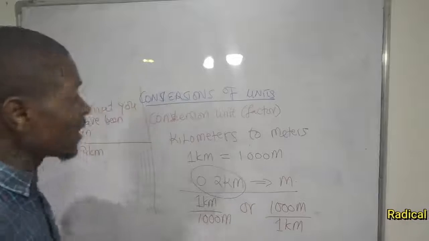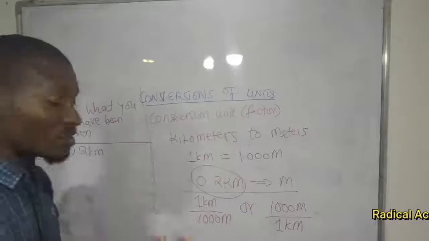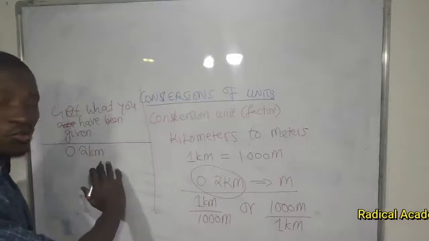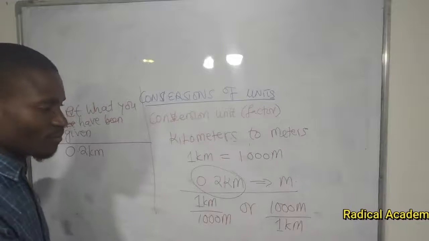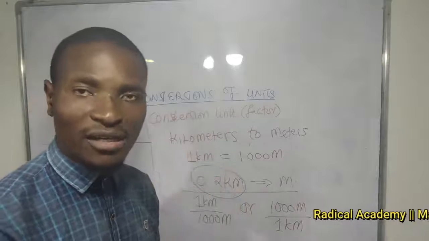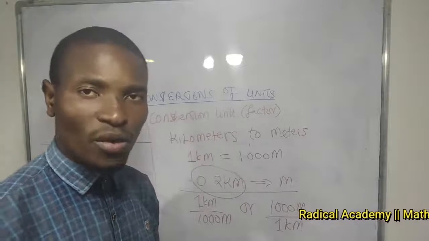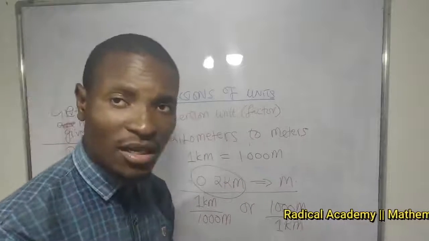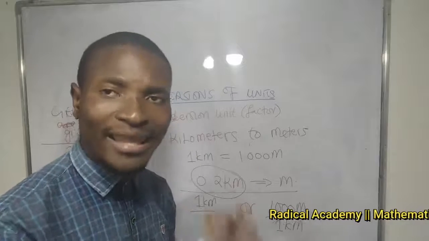Once I multiply the given 0.2 kilometers, I must choose something that cancels in terms of the unit, so that I remain with the meters.